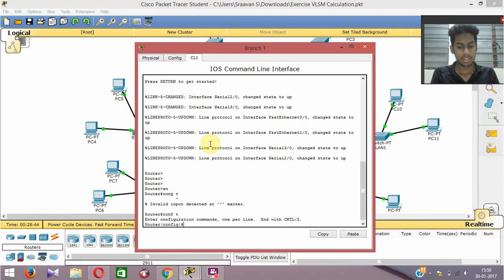Now we type in routing information protocol.